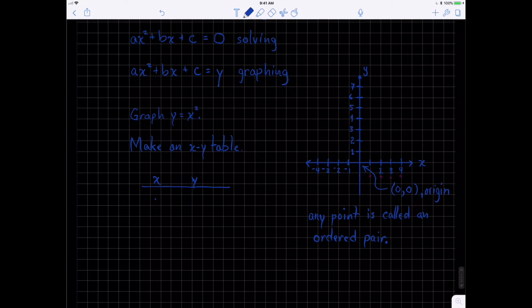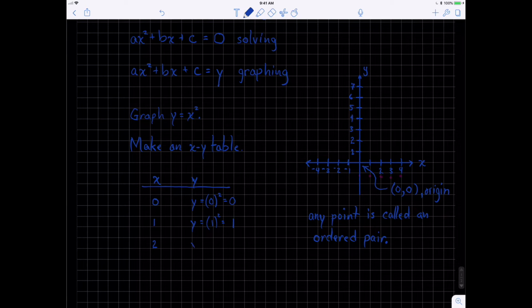So for example, if x is 0, then y equals 0 squared, which is just 0. Now let's do another one. What if x is 1? Then y becomes 1 squared, which is 1. Let's try 2.